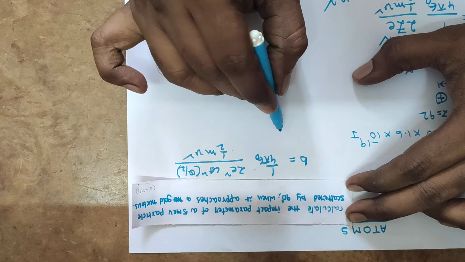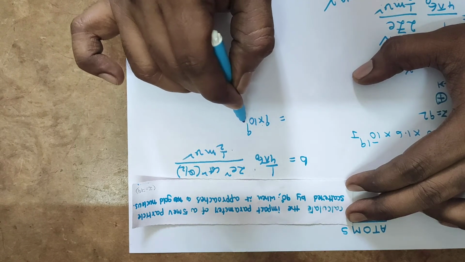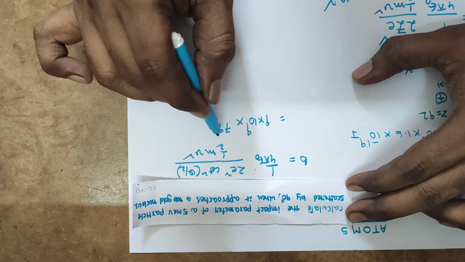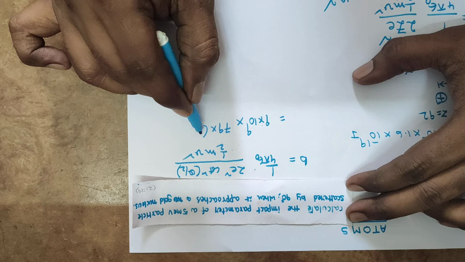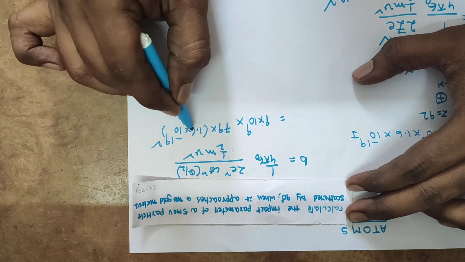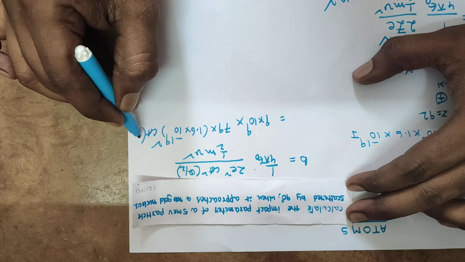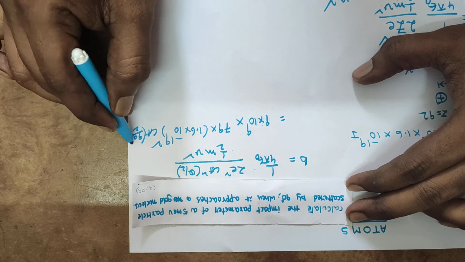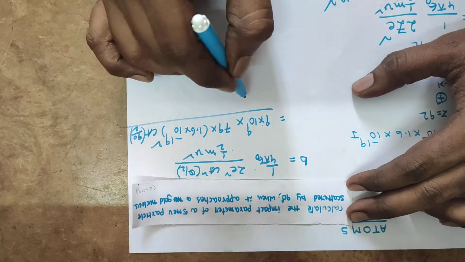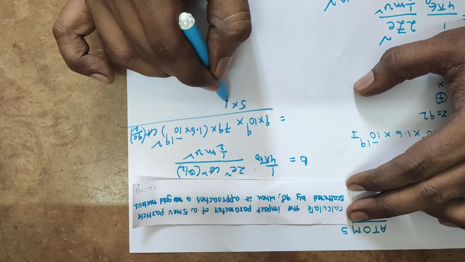Now substitute the values. 1 by 4 pi epsilon naught value 9 into 10 power 9, Z value 79, e square, that is 1.6 into 10 power minus 19 whole square, into cot of theta by 2, theta is 90, so it is 90 by 2, divided by half mv square, the kinetic energy of the alpha particle in mega electron volts.